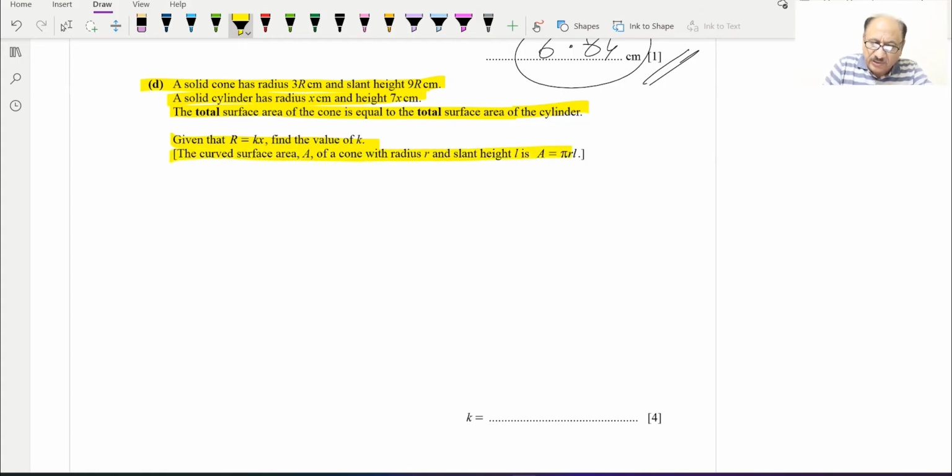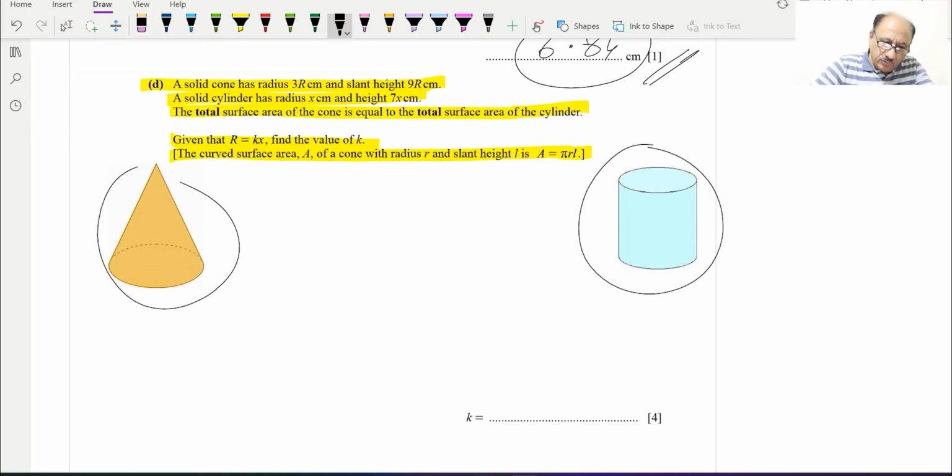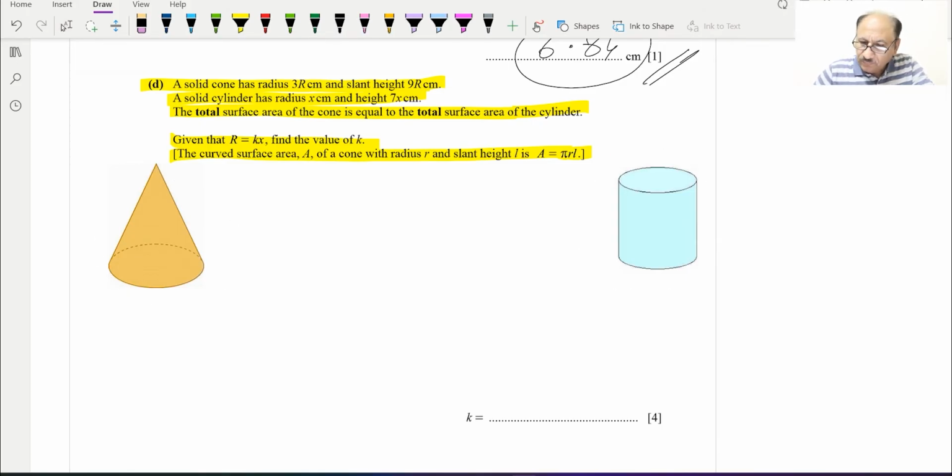The curved surface area A of the cone with radius r and slanting height l is A equals pi r l. I have inserted these two drawings for your explanation. These are not part of the question paper. So this cylinder has radius x and height 7x basically.